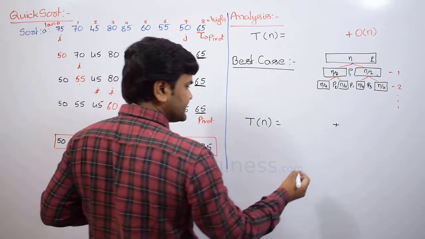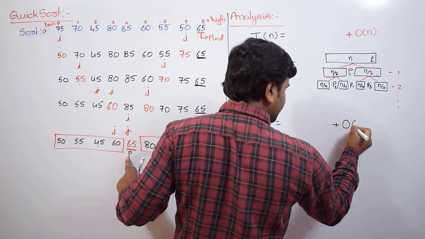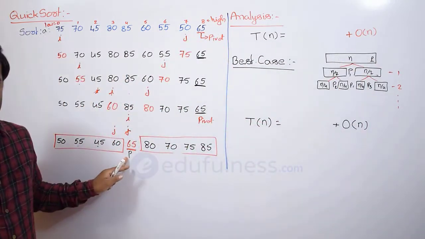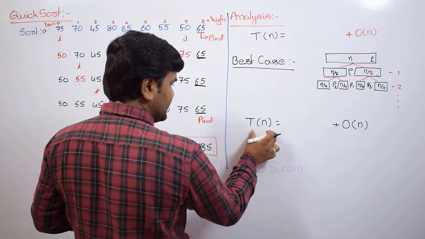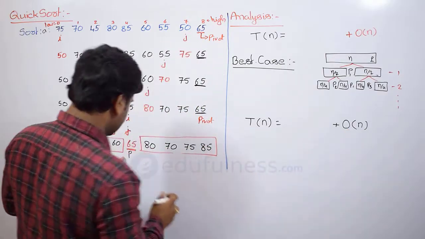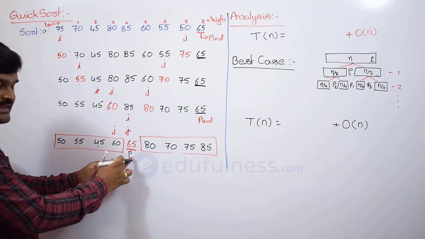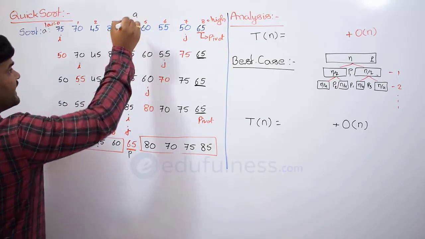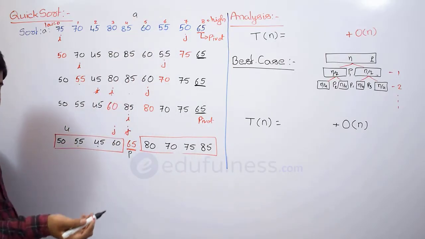So placing the pivot element is always the same, that is big O of n. That is concluded. Now after placing the pivot element in its proper position, this subproblem you have to solve. Here you have 9 elements, but here you have 4 elements, that is it.